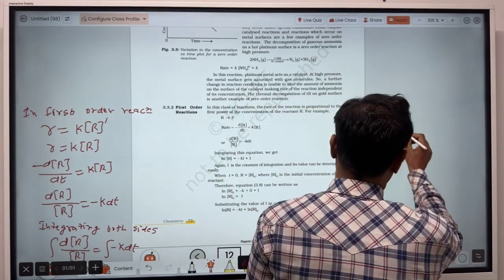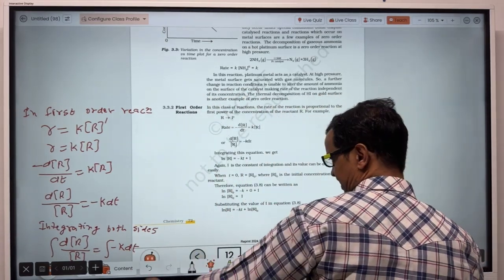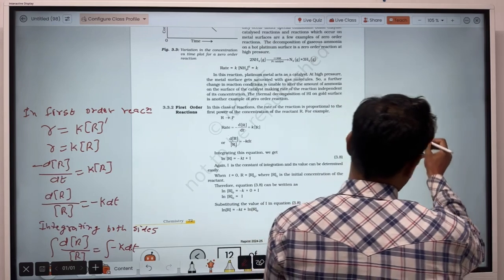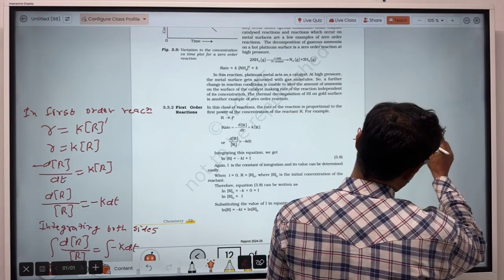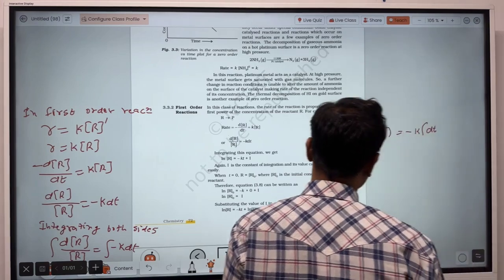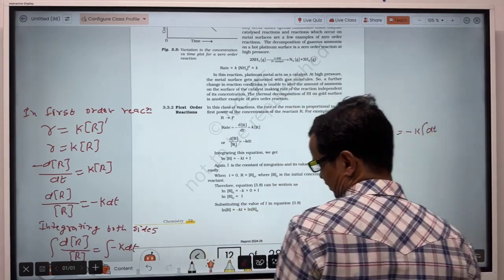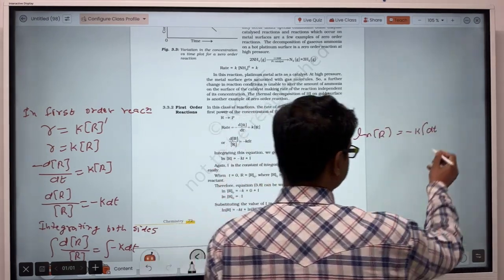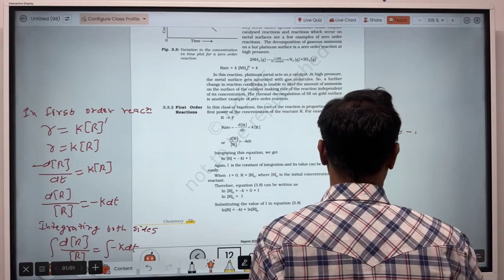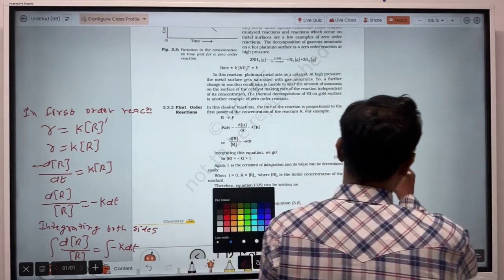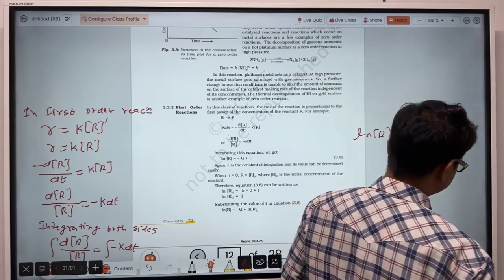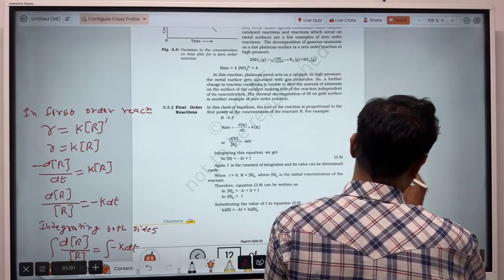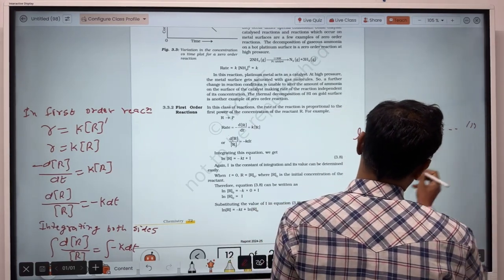That will be equal to the integration of minus k dt. Minus k will go that side, so minus k and integration of dt will be t plus I. So ln R equals minus kt plus constant of integration. This is equation 1.